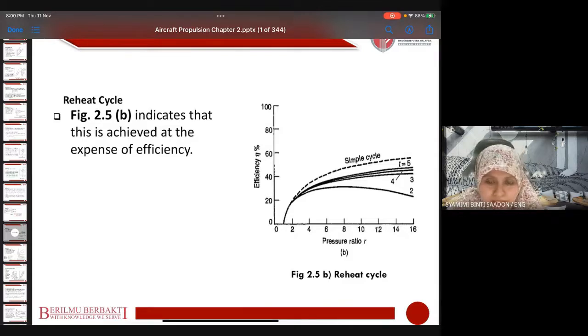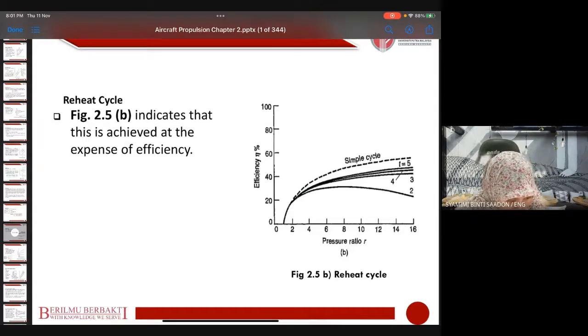We can see here the dotted line, our reference, the simple cycle just now, that is our base reference. We always try to compare it back with the basic cycle as reference. We want to see whether with the modified cycle we improve the performance or not.